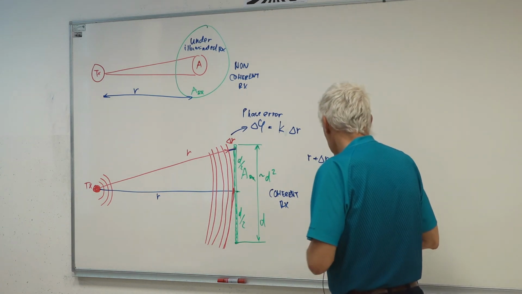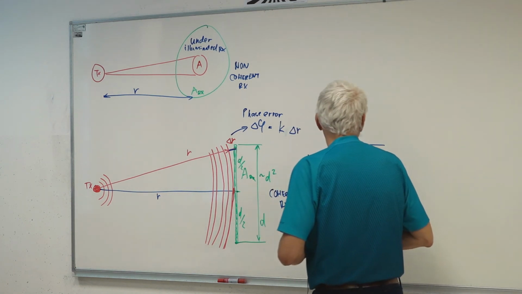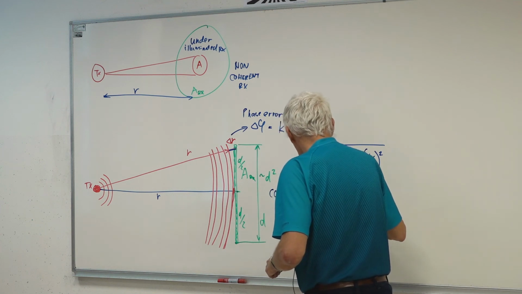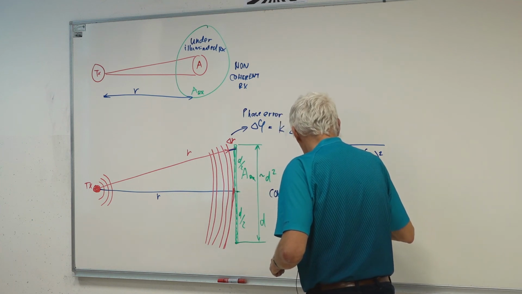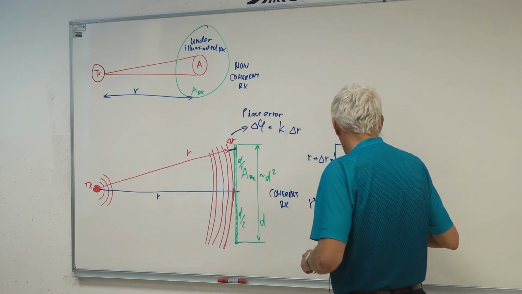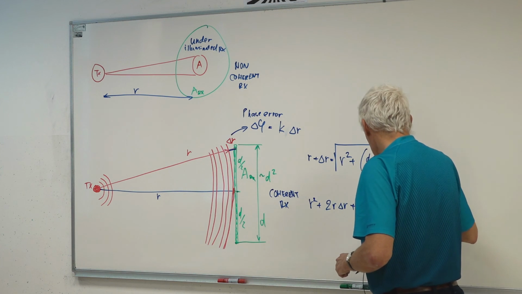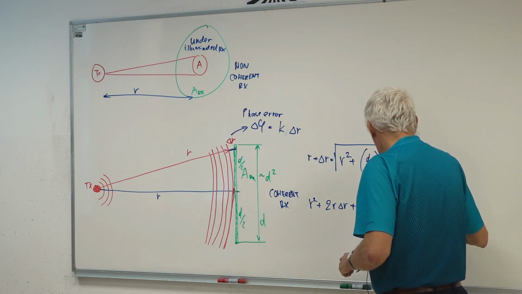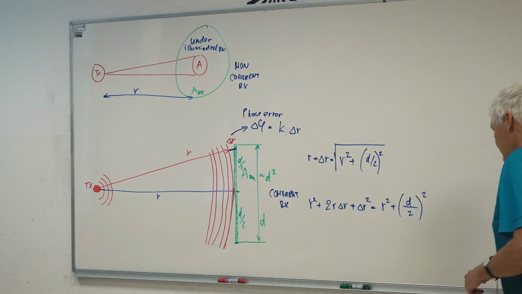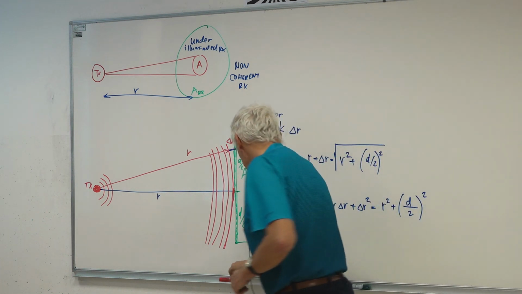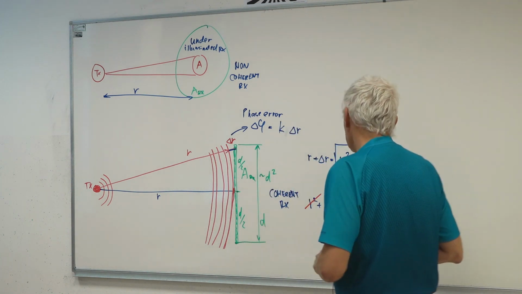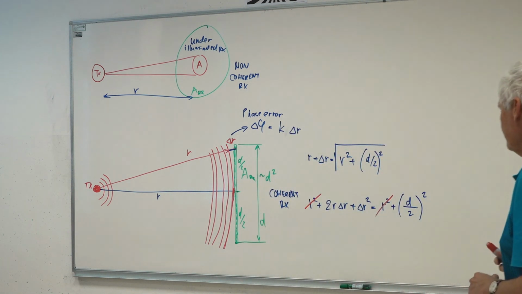If I square this thing, to get the equation, it's R squared plus twice R delta R plus delta R squared, which is equal to R squared plus (d/2) squared. Now the R squared cancels out perfectly on both sides of the equation.